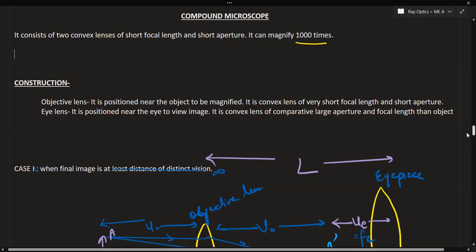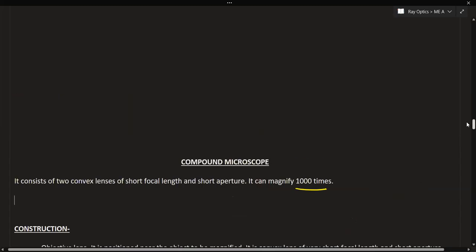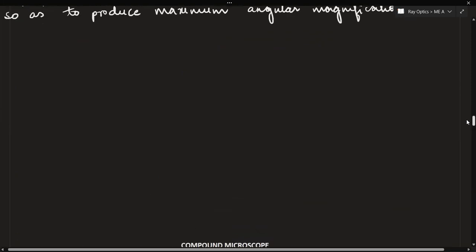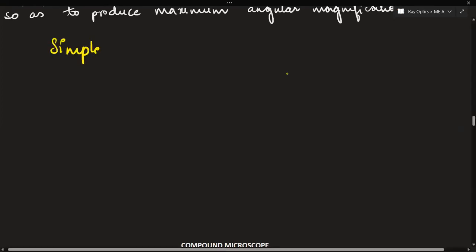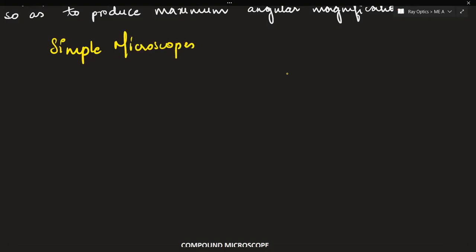Okay, class. Anyways, we had started with microscopes. Let me just give you a brief of what we have discussed. So see, microscopes we have seen. Simple microscopes were there and compound microscopes are there.